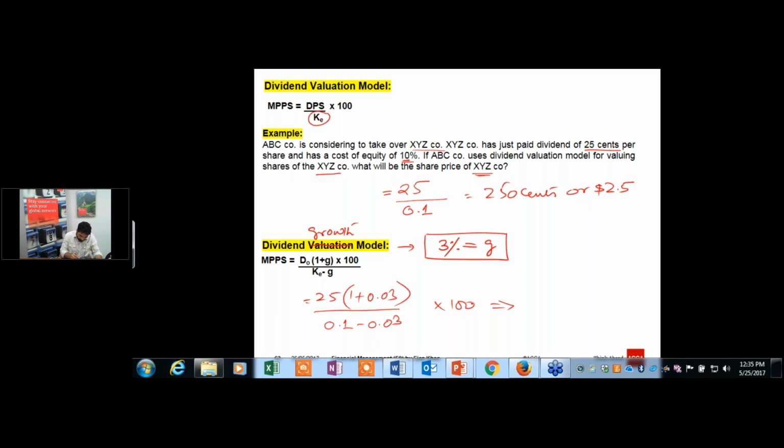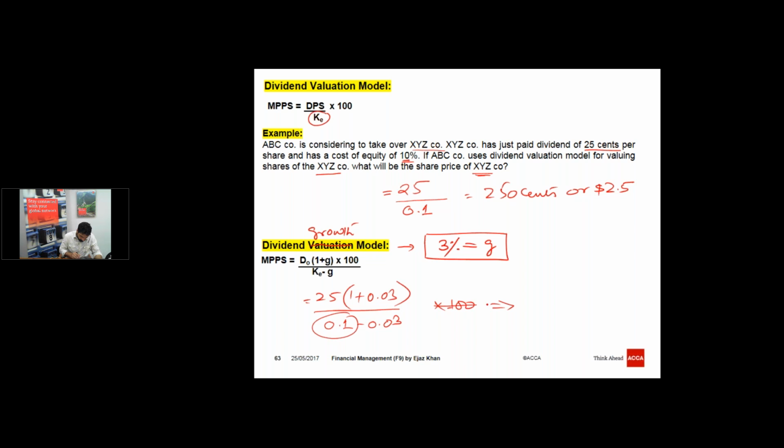You don't need to multiply it by 100 because it's already 0.1. So what's the value? It's 367 cents, or $3.67 per share.